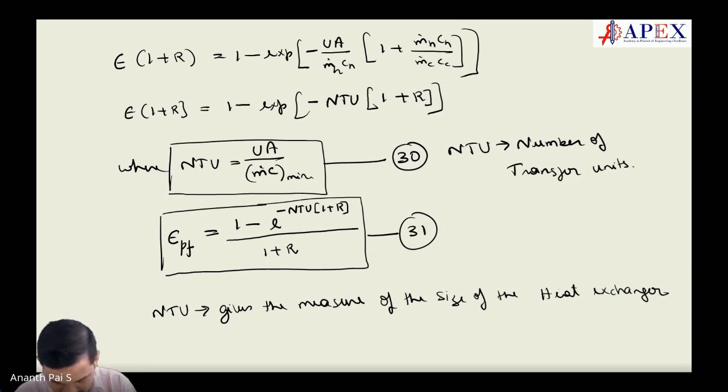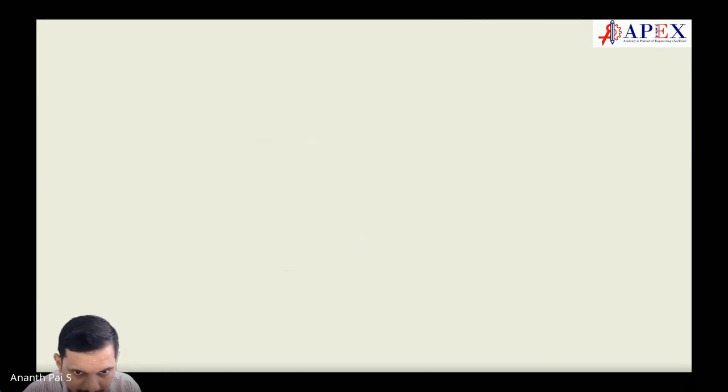We will see the examples. The size depends on the requirement in terms of number of transfer units. Here you are not saying A, you are saying NTU is a measure of how big it should be. I'll come back to that.